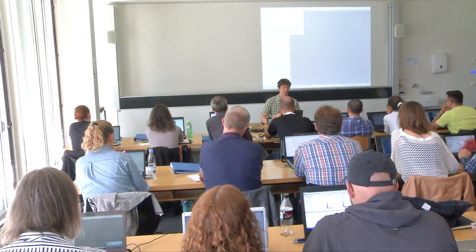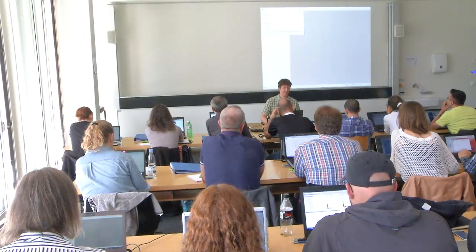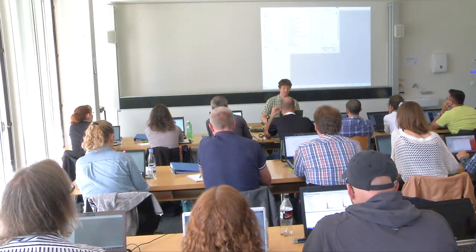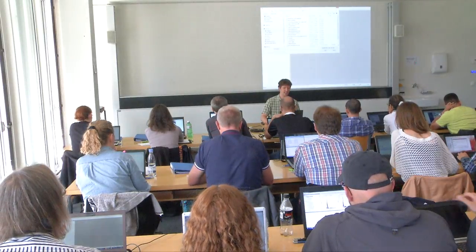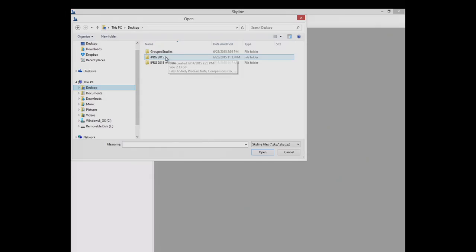All right, so let's just go to open. Everybody should have on the desktop a group studies folder, inside of which there's a heart failure folder, inside of which there is a raw directory and a rat plasma sky.zip, so do not open that.